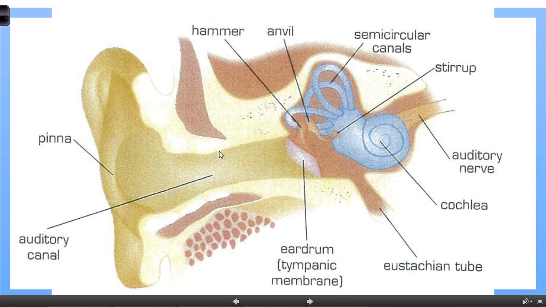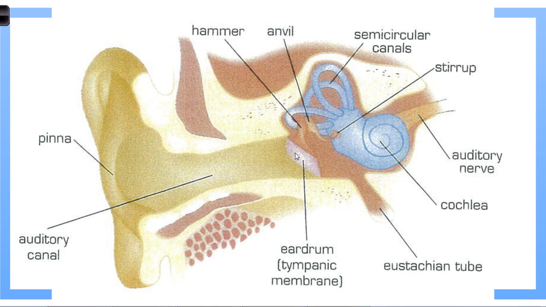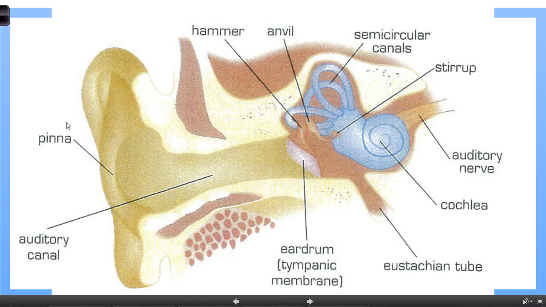Next we've got the bit here called the eardrum. Now the eardrum is also sometimes called the tympanic membrane. And I think the tympani is like a type of drum, so kind of the same name really. Now it's a thin membrane, just like a drum has a membrane on the top, and it acts like a drum, but instead of someone banging on the drum, it's sound waves that come in the air.